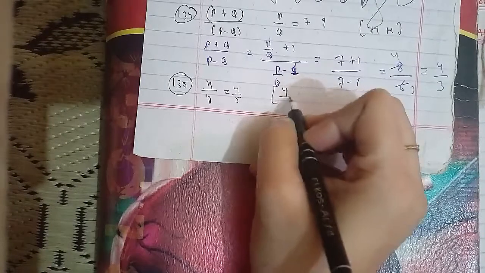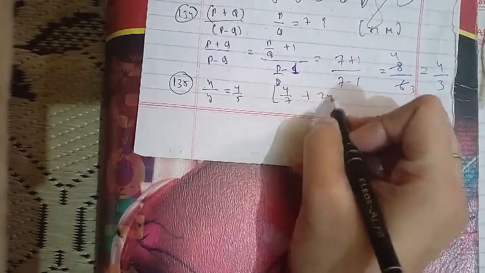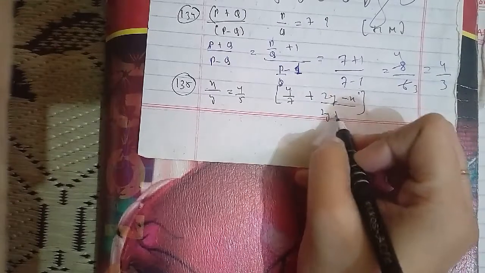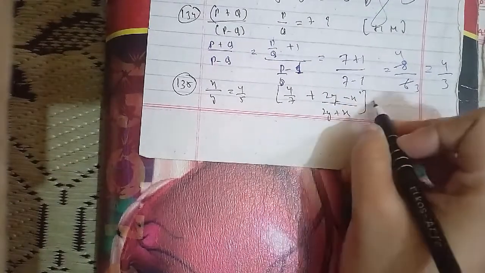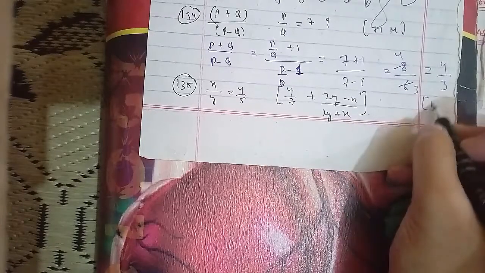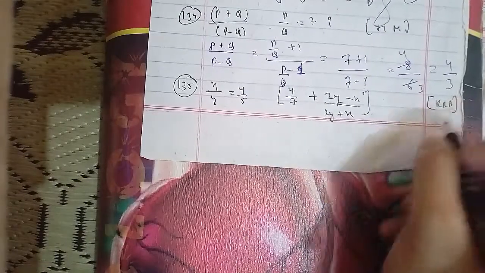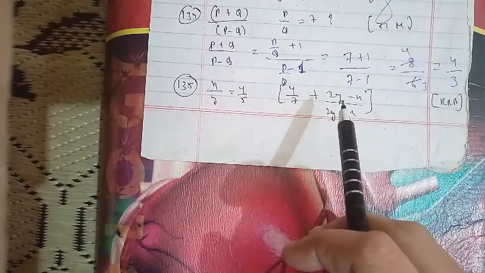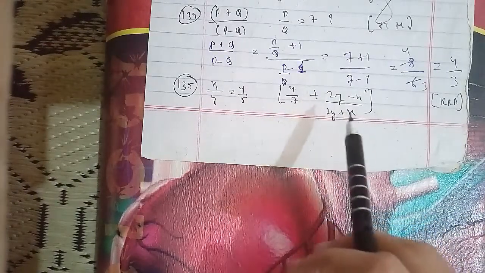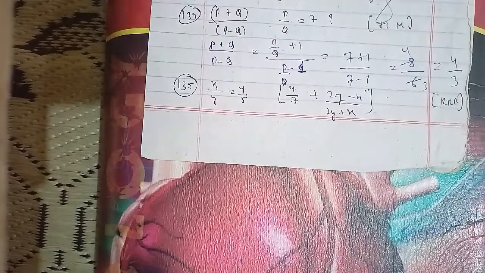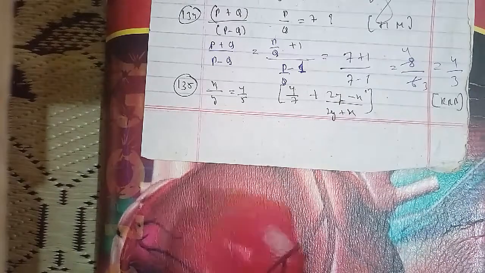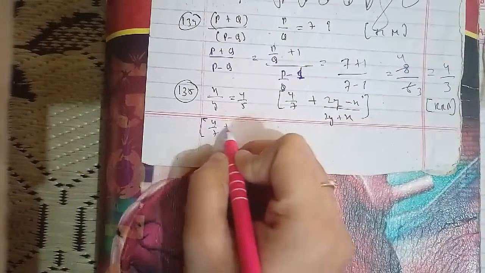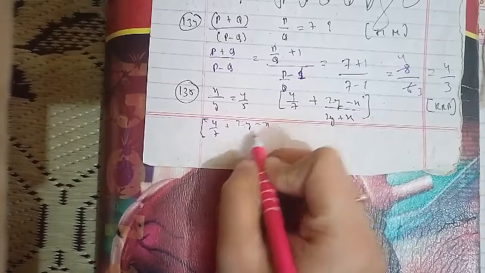So the solution for this we will be having here: 4 upon 7 plus (2y minus x) upon (2y plus x), which equals 4 upon 7 plus (2 minus x upon y) upon (2 plus x upon y), which equals 4 upon 7 plus (2 minus 4 upon 5) upon (2 plus 4 upon 5).